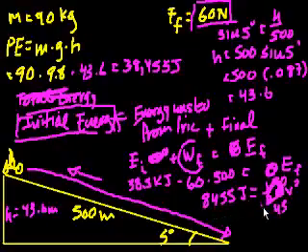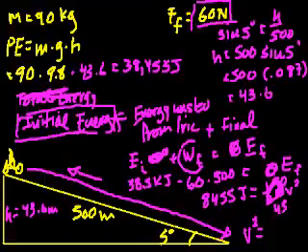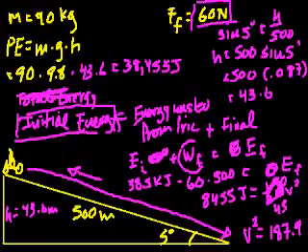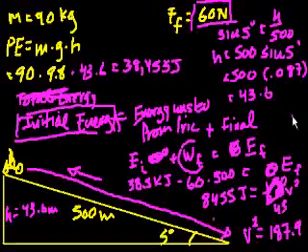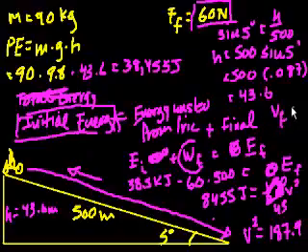So 8,455 divided by 45 gives v squared equal to 187.9. Let's take the square root of both sides, and the final velocity is 13.7.